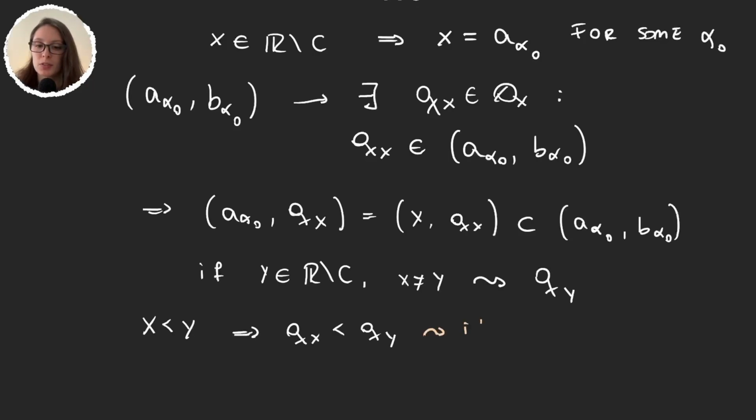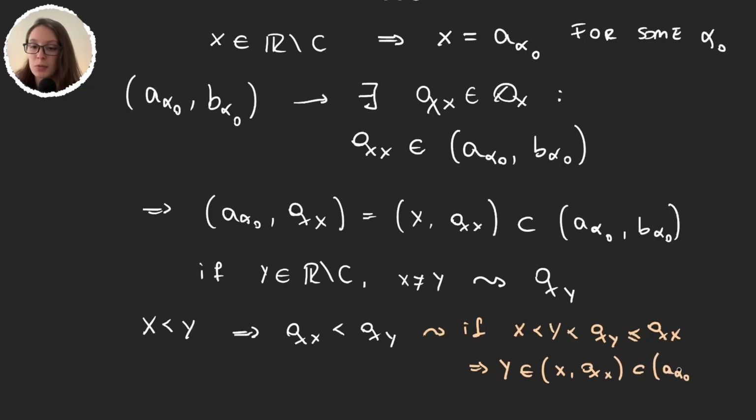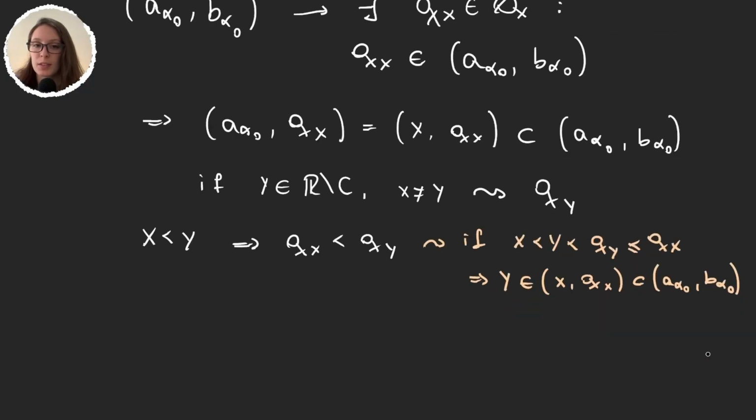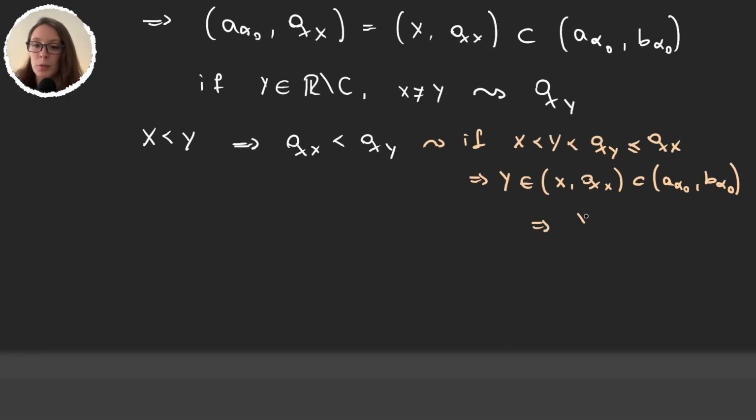And this is because if we had X smaller than Y, smaller than or equal to Qx, then we would have that Y is an element in X Qx, which is a subset of A alpha 0, where A alpha 0 is X, and B alpha 0. And if this happened, then Y would be an element in C. But we took Y in R minus C, so this would be absurd. So this is why we have this implication.